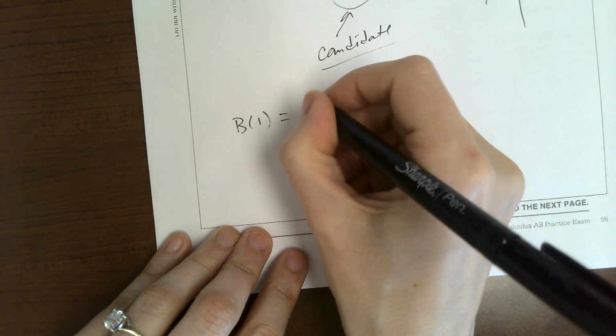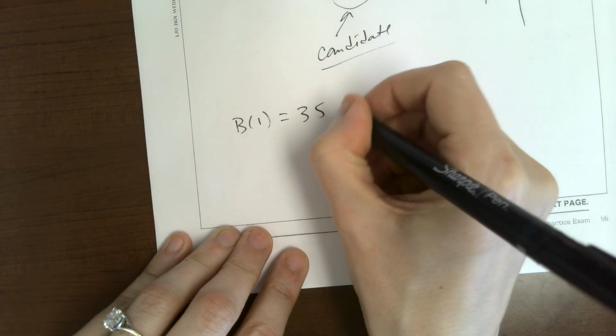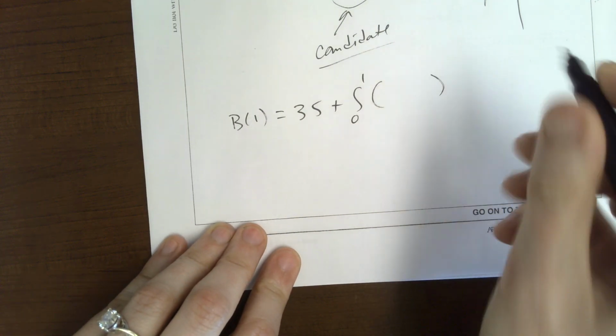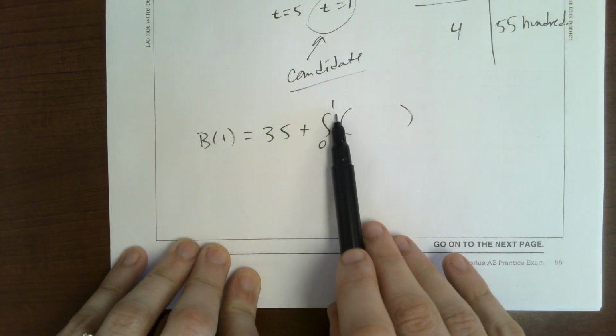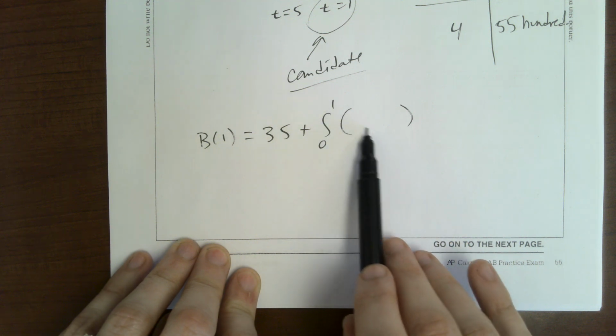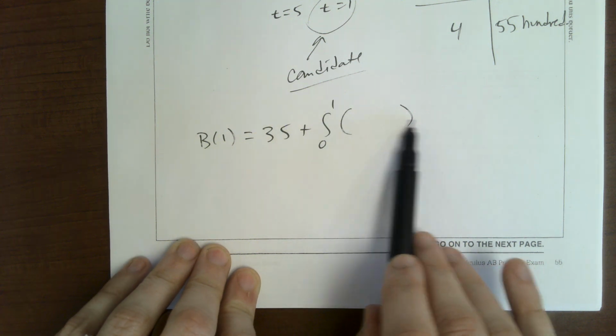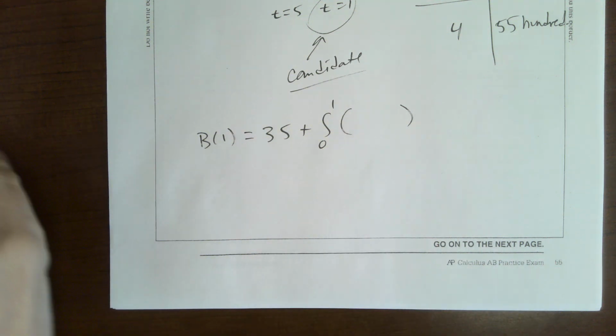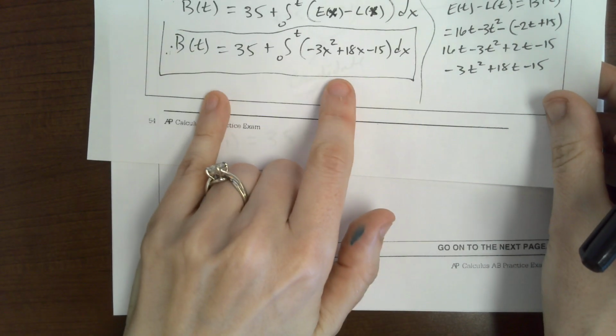It's the same as the net change theorem at this point. 35 plus the integral from 0 to 1. Now, since this is not a variable up here, it's a number, I don't have to use a dummy variable for the integral. I could still use t's, but since I just indicated that I'm using this formula, I suppose I'll use x's.